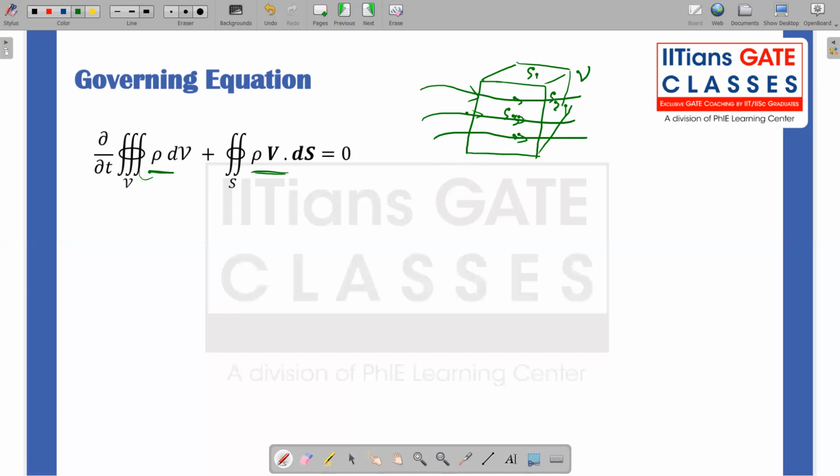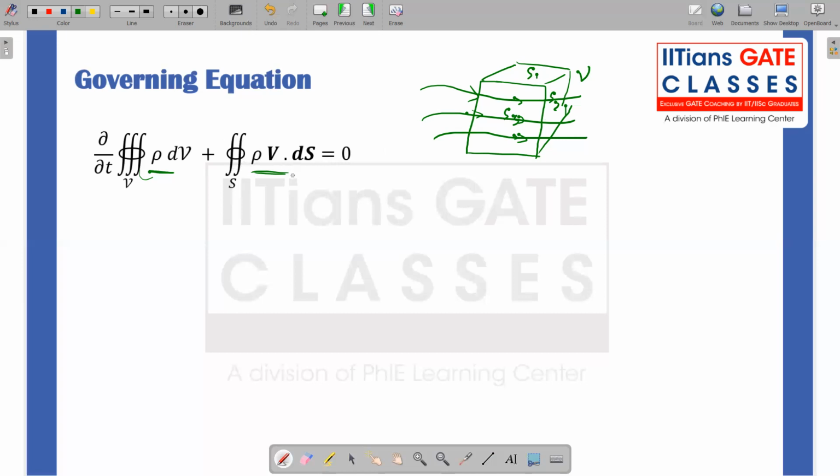Here we consider a rectangular volume, but it can be any random shape; it is enclosed by a control surface. So this integral tells about the flux which is coming out or going in through the control surfaces enclosing the volume. It's a closed volume.